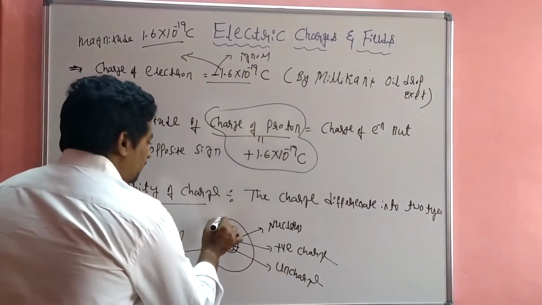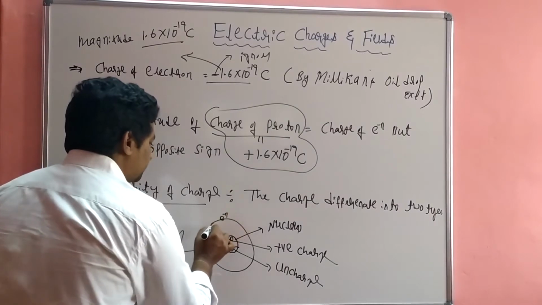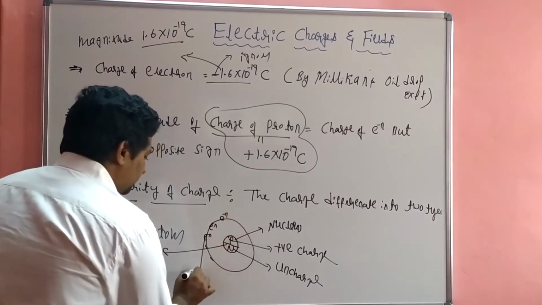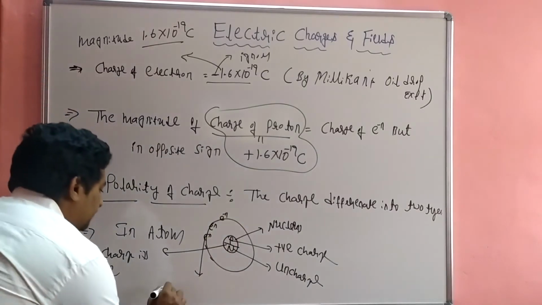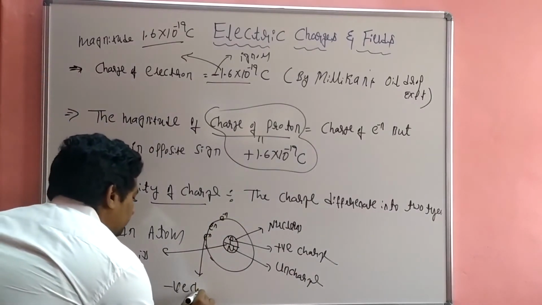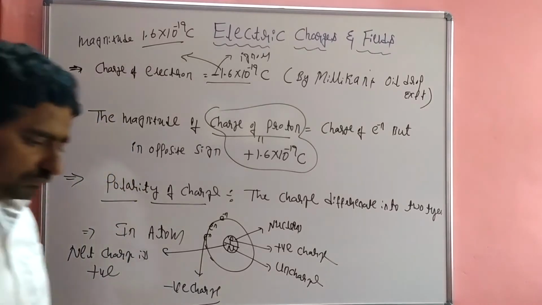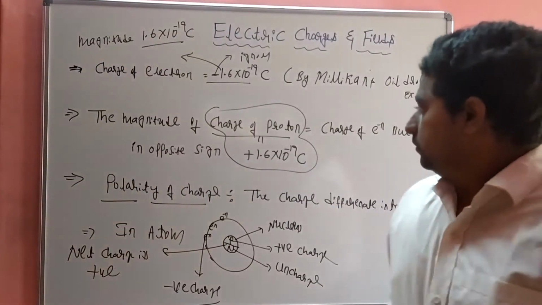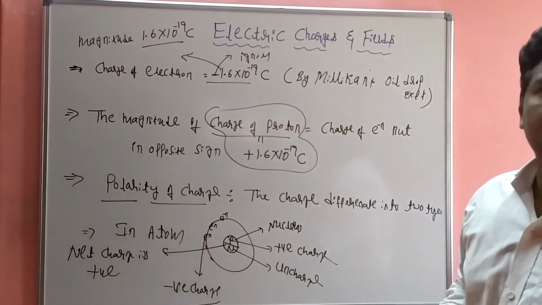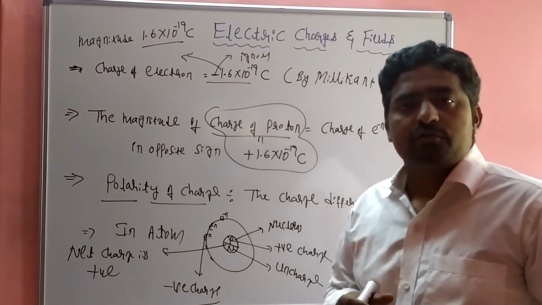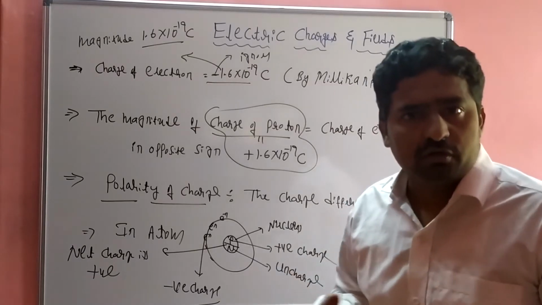The electrons are revolving around the nucleus. The electron is negatively charged. So basically, the atom is said to be neutral. What is the meaning of neutral?